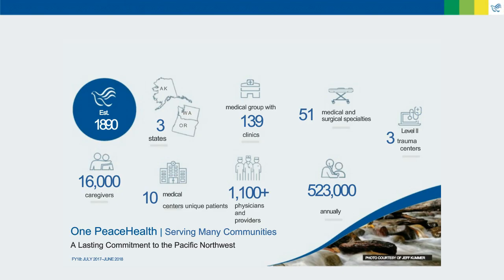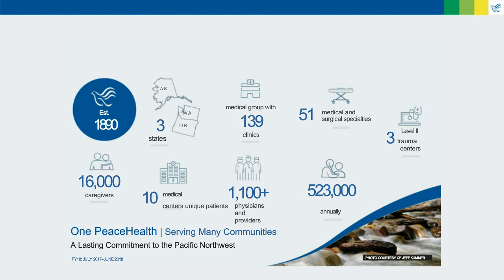We were started by the Sisters of St. Joseph of Peace, and we have 139 clinics in our medical group, 3 level 2 trauma centers, 16,000 caregivers, and over 1,100 employed physicians. We have 10 hospitals, and 5 of them are critical access hospitals.